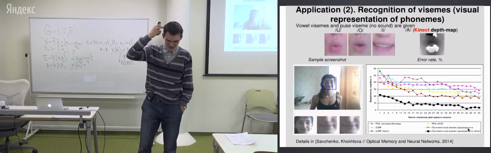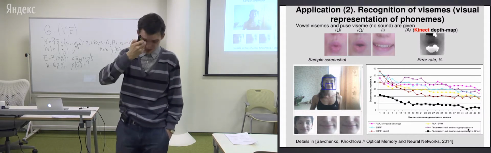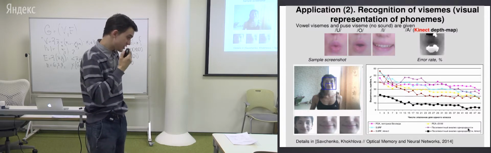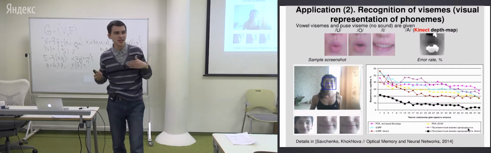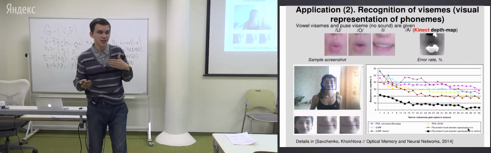It's VZM. It's one of my master's students here. She tried two kinds of cameras. The first is an ordinary camera, and the second is a Kinect camera, a depth map camera.